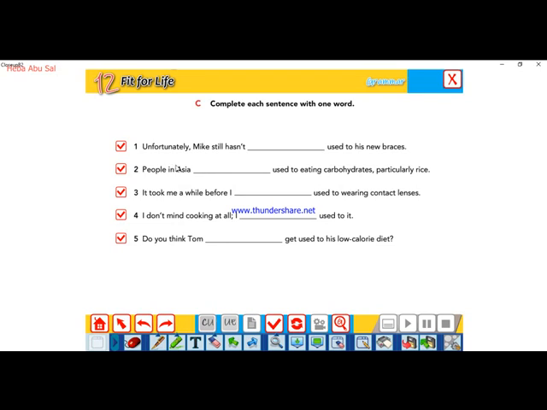Let's see exercise C. Now, exercise C, we have 5 sentences. Please pay attention to them. They are very easy and very important at the same time. These sentences will be a homework for you, please. On Sunday, we will upload the video for you on YouTube and the website of the school.